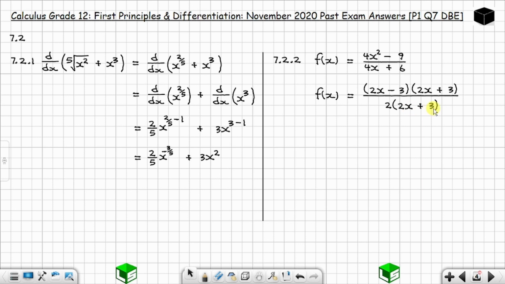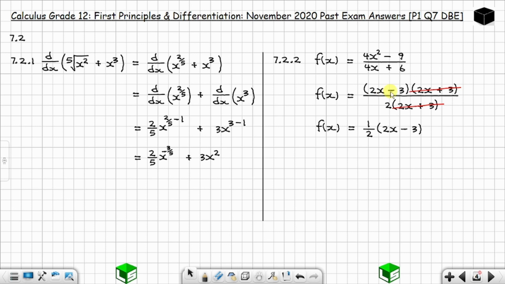Now you can see you can do some cancellation. You can simplify this. You have 2x plus 3 there, and you also have 2x plus 3. So this and this can go. And so f of x is equal to, there is an invisible 1 in front of this bracket, so you have 1 over 2 times this bracket, what you remain with.